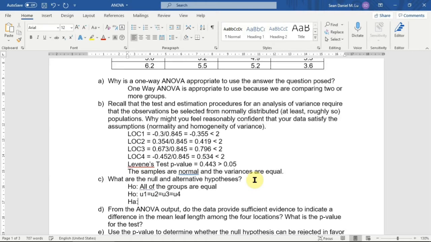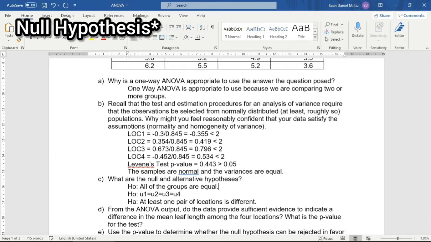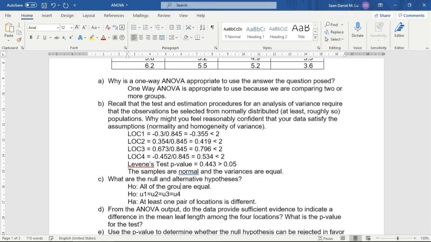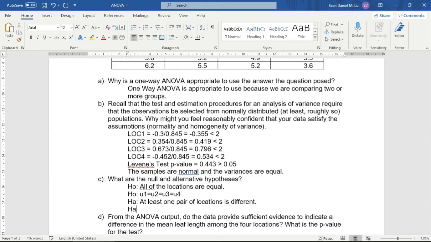The alternate hypothesis would be at least one pair of locations is different. You can also state the alternate hypothesis as not H0.